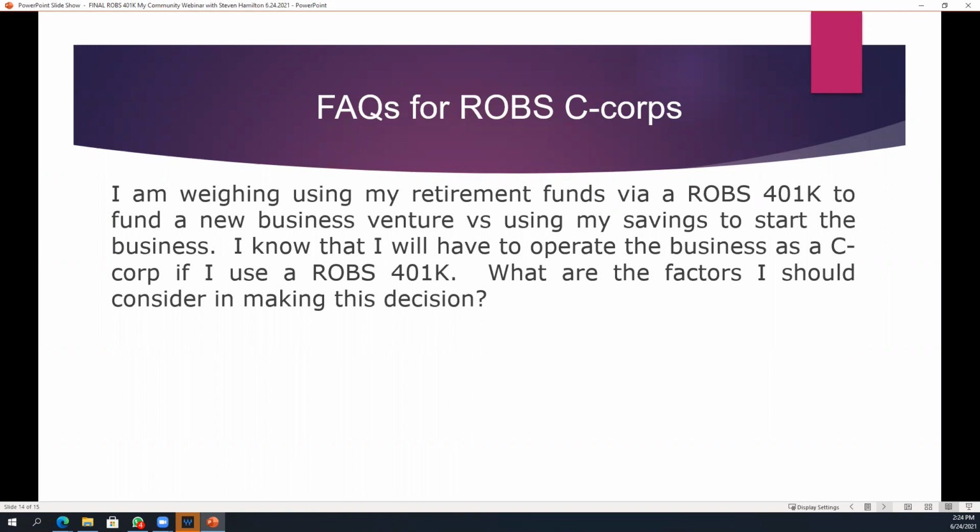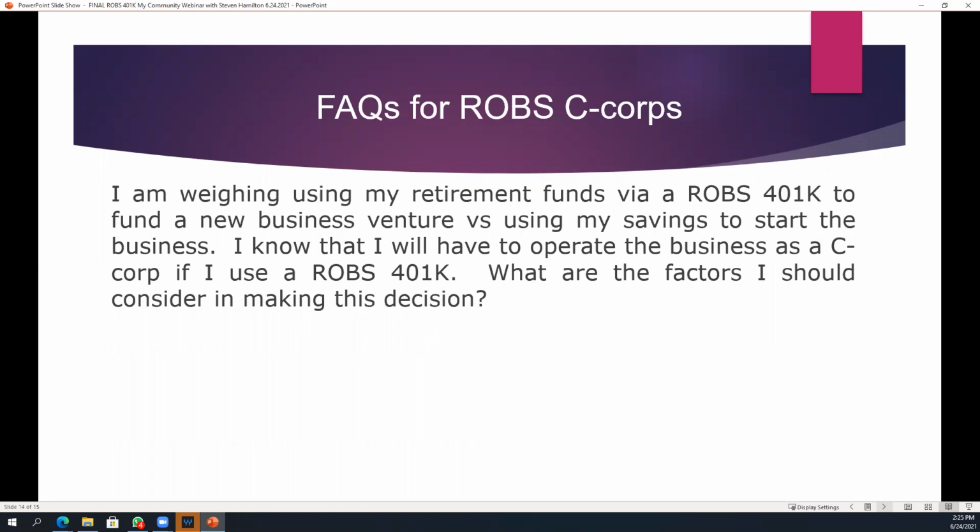So what you will have to look at is what's my current tax rate versus the corporate tax rate. What will the business look like later on in life when I might potentially be selling it? Or will I end up having to liquidate the assets? Because that will probably be a taxable transaction, most likely.